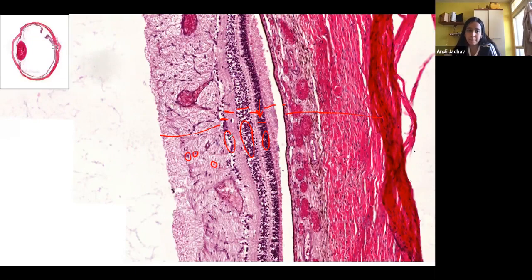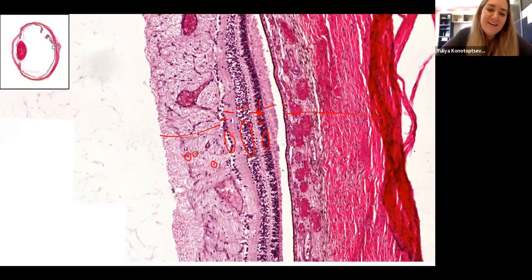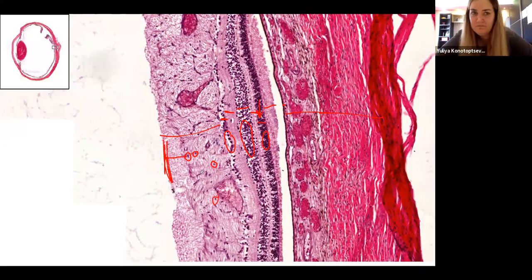I could see why you would think so, but no. These cells are the Mullerian glial cells because their axons will create the inner limiting membrane. Inner limiting membrane has something to do with the Mullerian glial cells. So these dots, they are nuclei of the Mullerian glial cells.